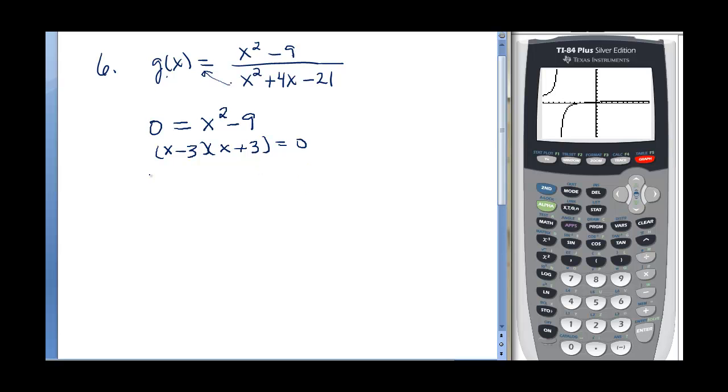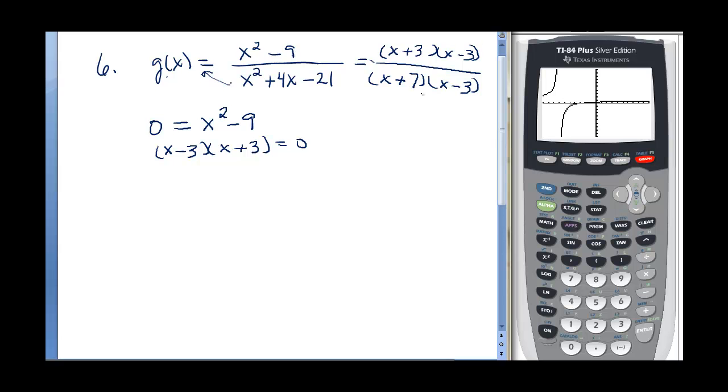Now, I learned in the last problem that I actually might have a hole in the graph, and I want to check for that first. So let's just factor up here, and we'll have x plus 3, x minus 3. In our denominator, we factor that, and we find out it's x plus 7 and x minus 3.